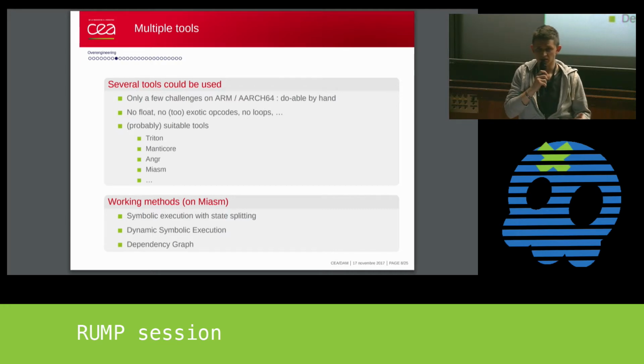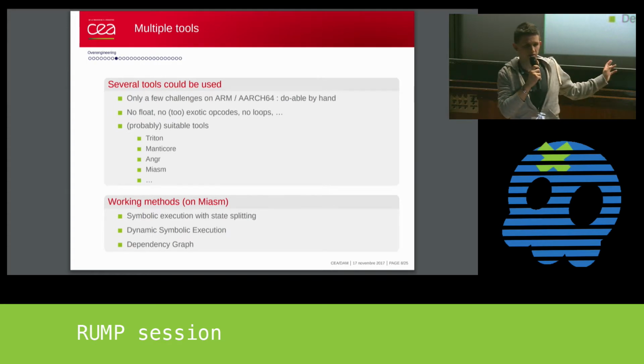We actually know that some people, of course, solved it with Miasm, but someone also solved it with Angr. There is the solution presented by Adrien, which uses symbolic execution with state splitting. Another one which is possible and actually works is what Sébastien Bardin presented this morning, which is dynamic symbolic execution.